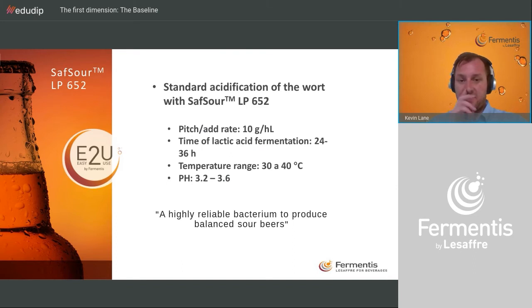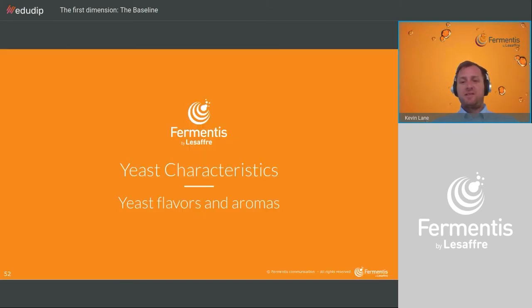So it is easy to use, which means that we can go through that at a different time so I can keep pace with this time that I have. The pitch rate is 10 grams per hectoliter. The lactic acid fermentation is 24 to 36 hours, temperature range of 30 to 40 C, expecting a pH of 3.2 to 3.6. So it's a highly reliable bacterium to produce balanced sour beers.